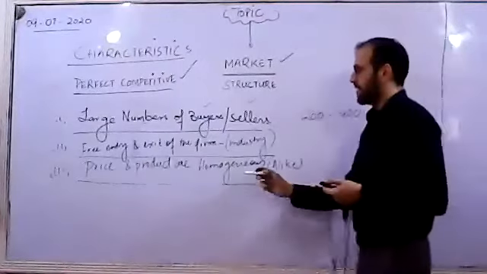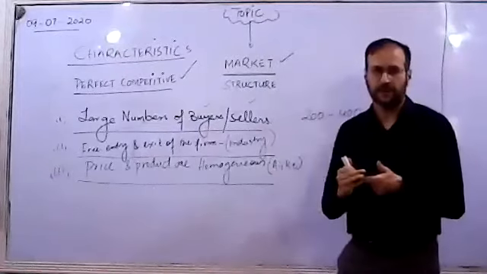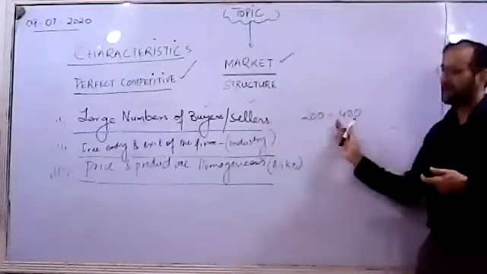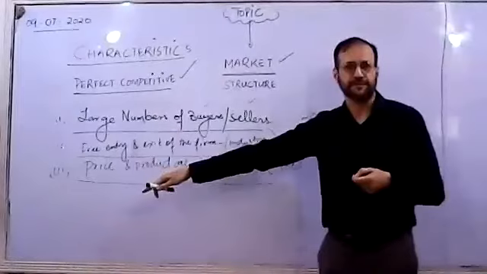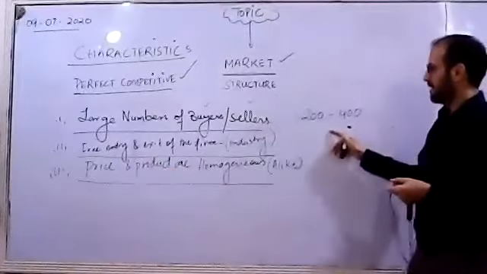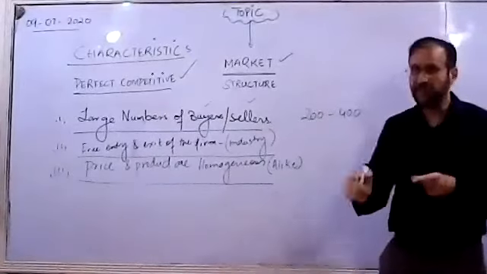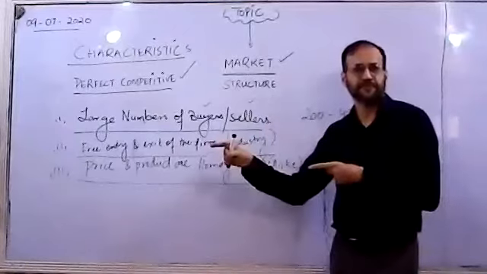So it means that the prices of the product in such a market are almost the same. If there are 400 sellers, they are going to give the same price for their product. There is no change. And the products are also the same. You cannot differentiate them and say this belongs to this particular firm.